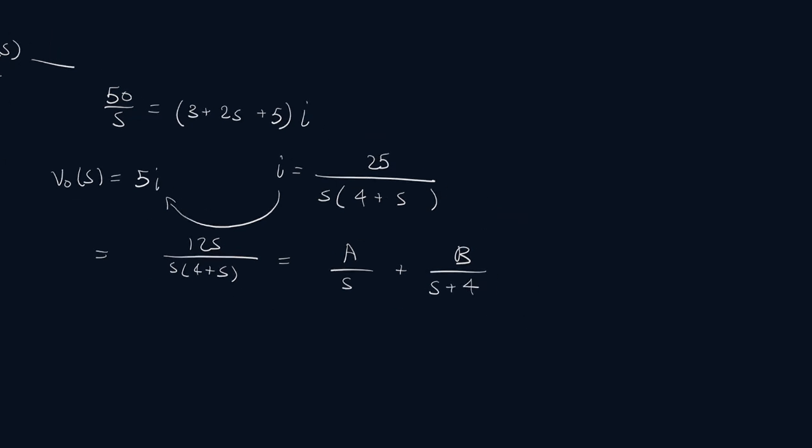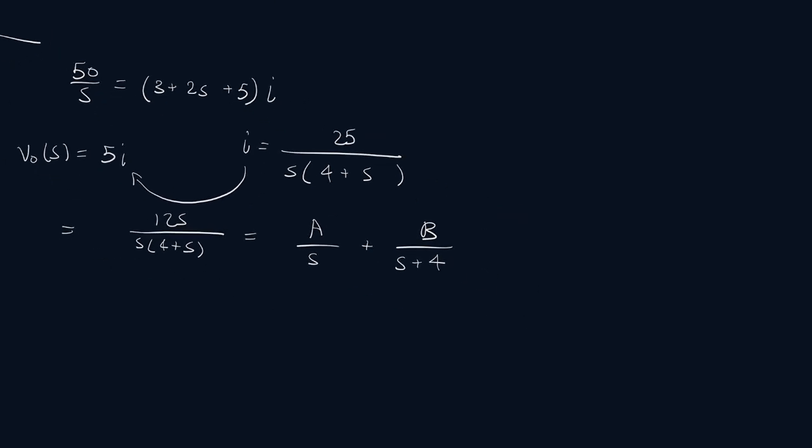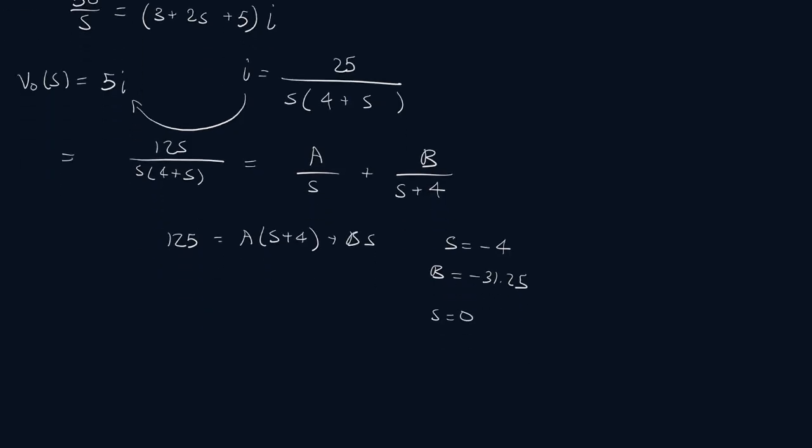Okay, and multiply everything by this value. So it'll be 125 equals A times S plus 4, plus B times S. So when S is equal to minus 4, your B should be equal to minus 31.25. And when S is equal to 0, your A should be equal to 31.25.